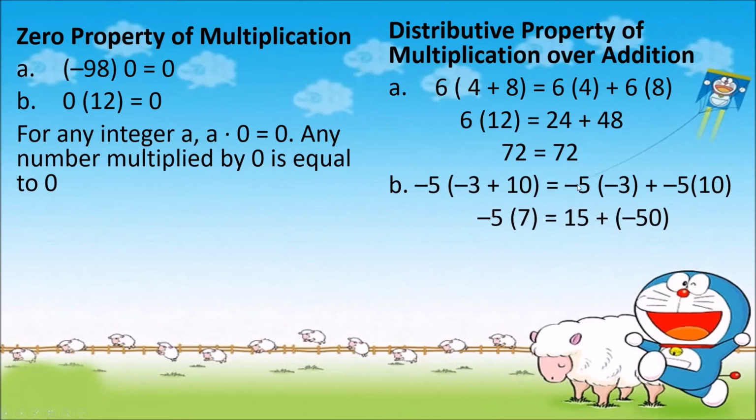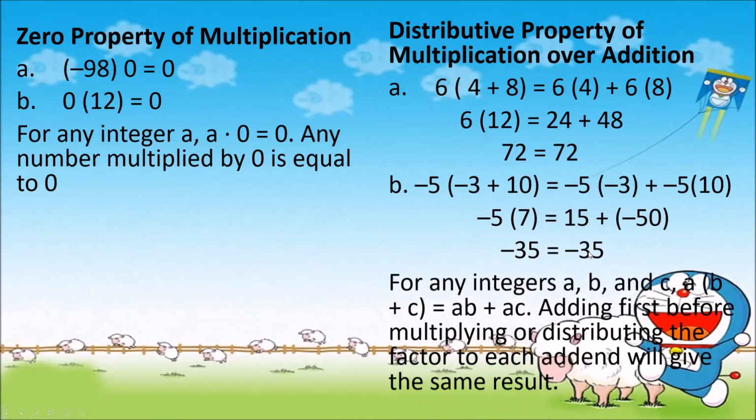And negative 5 times negative 3 is positive 15, plus negative 5 times 10 is negative 50. Then the product of negative 5 and 7 is negative 35, and the sum of positive 15 plus negative 50 is negative 35.